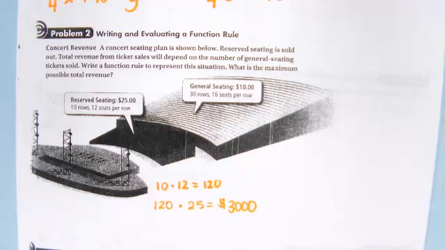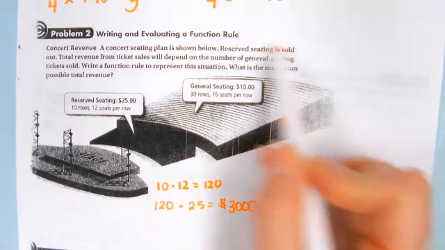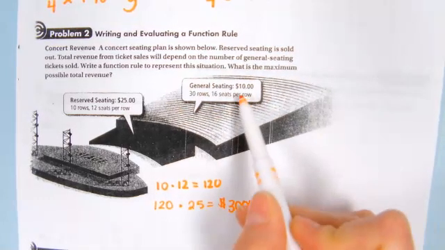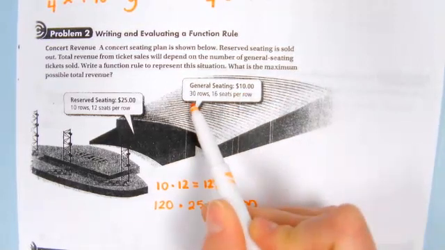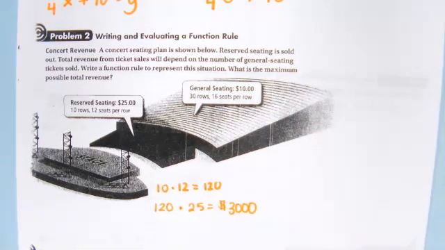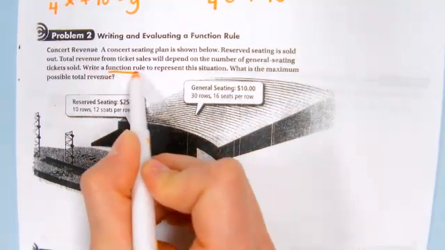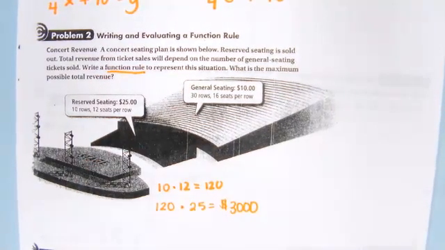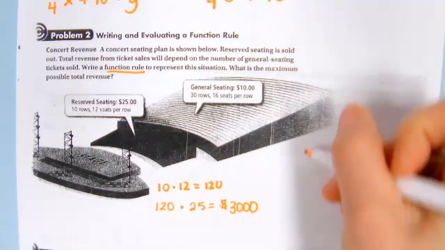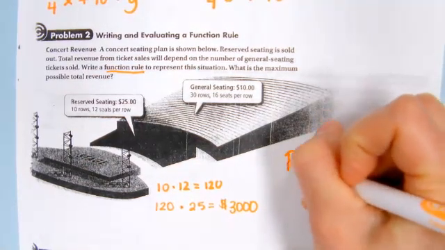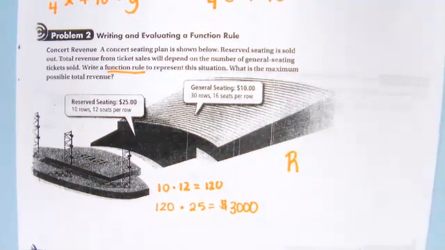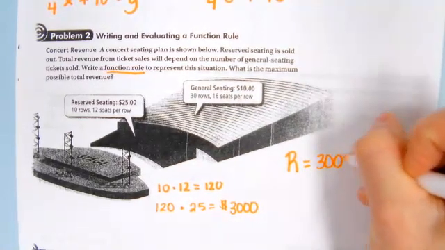Okay, now what it's going to depend on is this. General seating is $10. There are 30 rows with 16 seats per row. Okay, so the first one is to write a function rule, which means an equation, right? So we're trying to figure out our revenue. So we'll say R for revenue is equal to, what did they make already? $3,000. That's what they've already made.